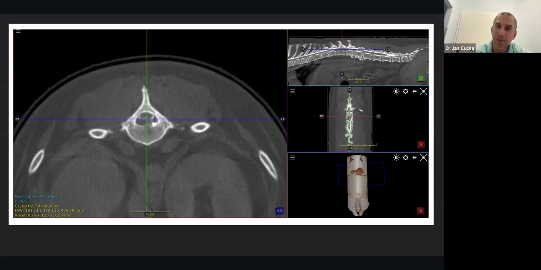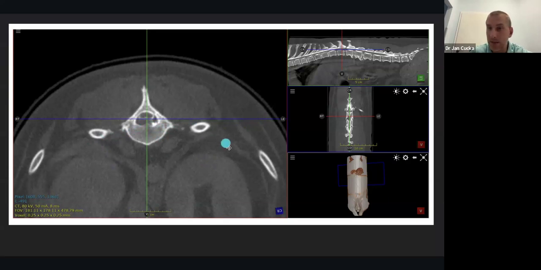So we perform CT. The first step is always the native scan. After that, myelo, and you can see the ventral compression on the right side. It was, I think, TH13 L1.